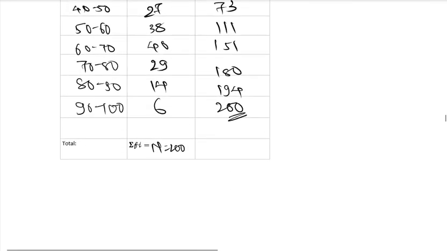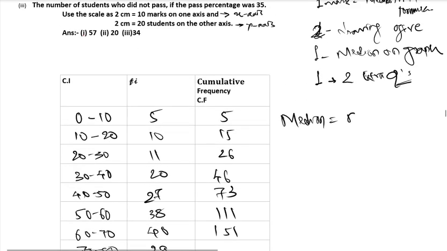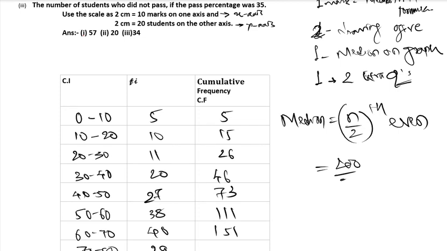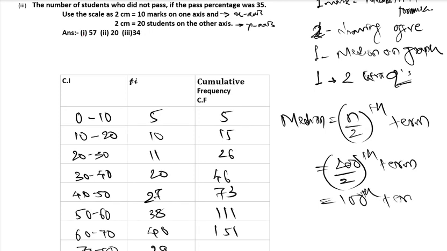Now median is equal to... n is 200, right? N is equal to 200, which is even. So median is equal to the n by 2th term for n is even, and this is for grouped data, as we saw. That is 200 by 2th term, and 200 by 2th term is the 100th term.